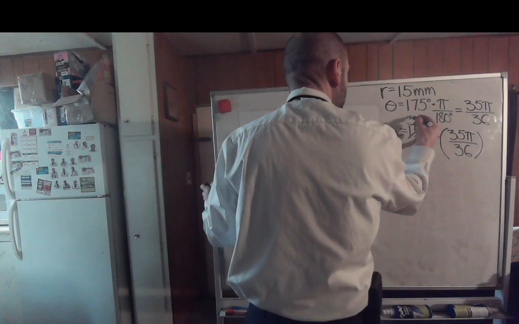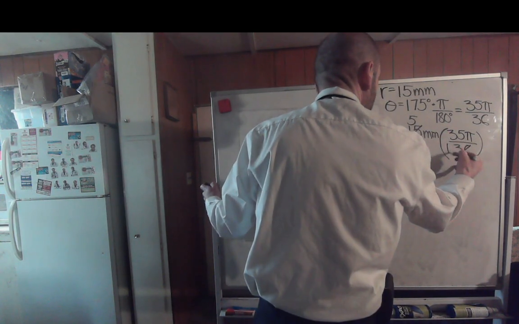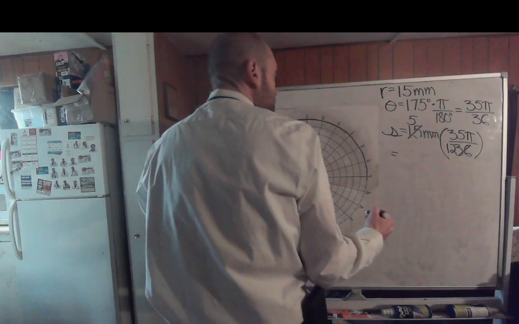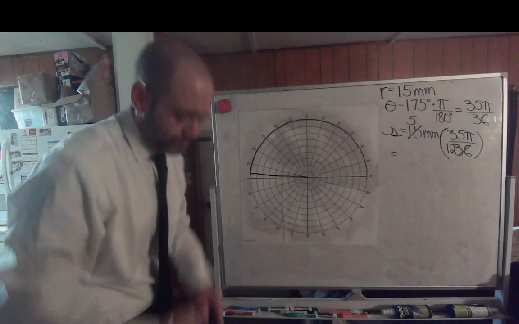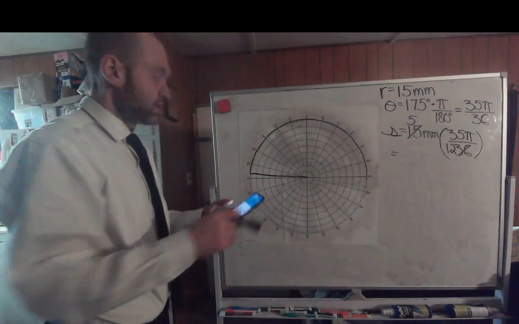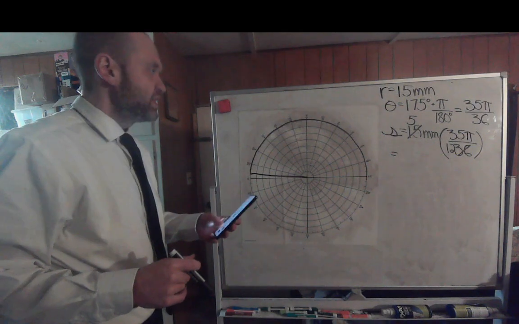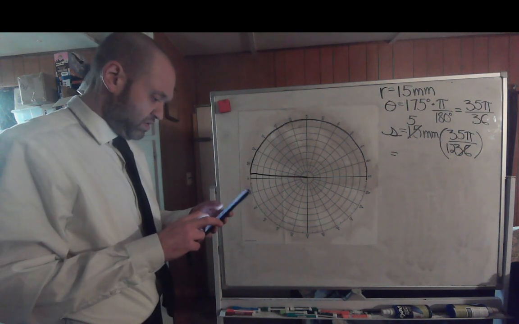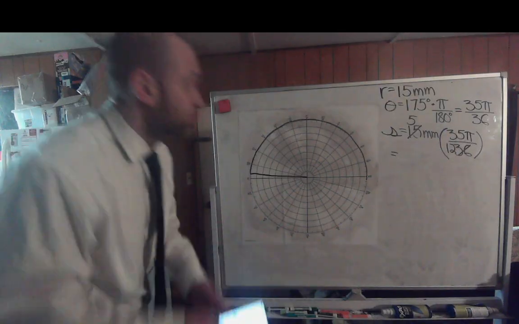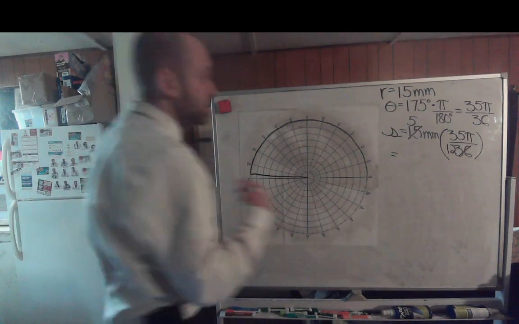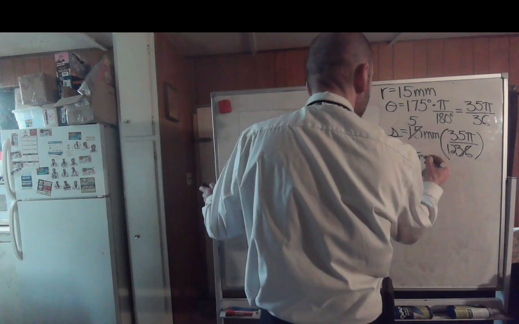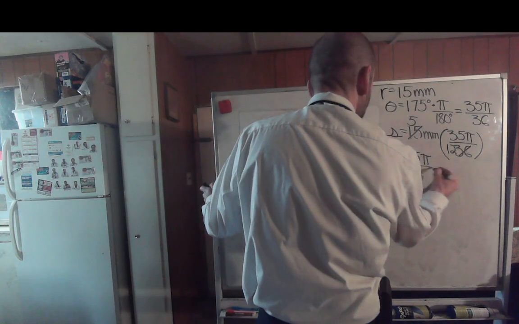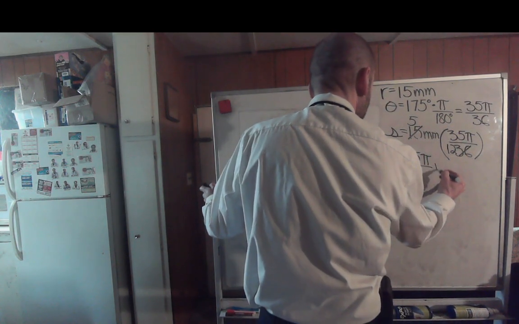That would turn into 5 over 12. So 35 times 5, let's see, that should be, I think 175. Yep. That would give me 175 pi over 12 millimeters.